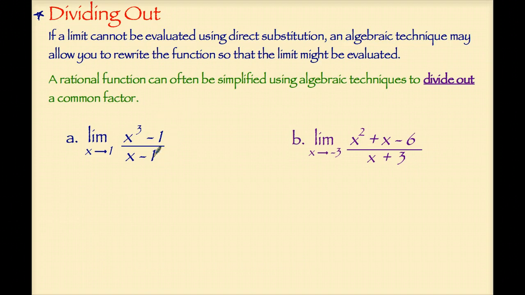Let's try some factoring. Since the numerator is a difference of cubes, that numerator factors into x minus 1, x squared plus x plus 1, of course, all over the original denominator x minus 1.